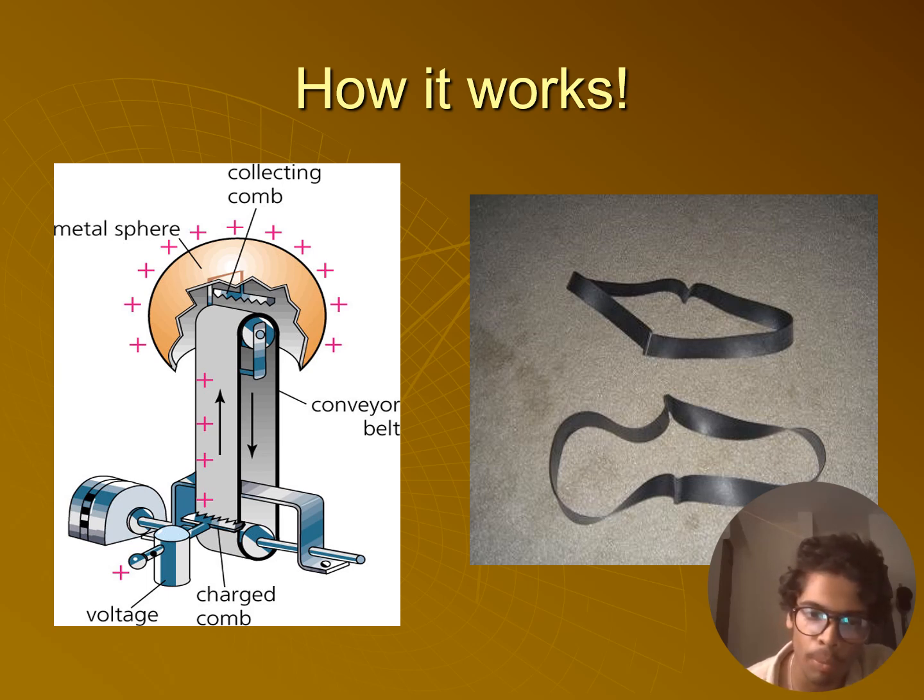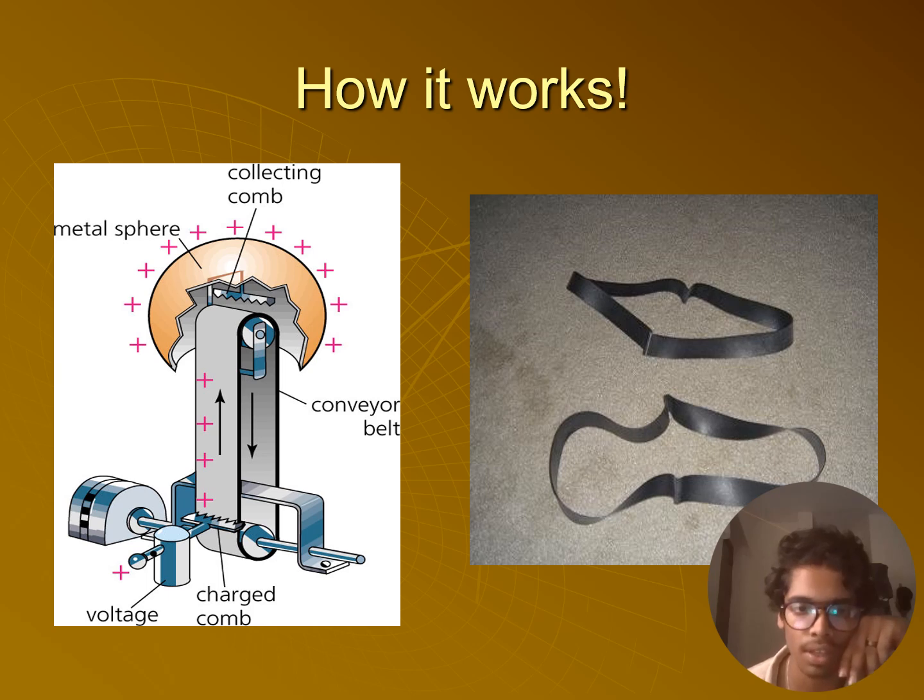Now, when this positively charged conveyor belt goes here, because of the aluminum nature of the top roller, it tends to lose electrons. So when it tends to lose electrons, the positive charge from here enters this roller, and the same story repeats again.